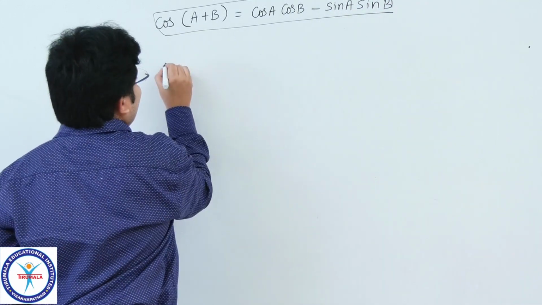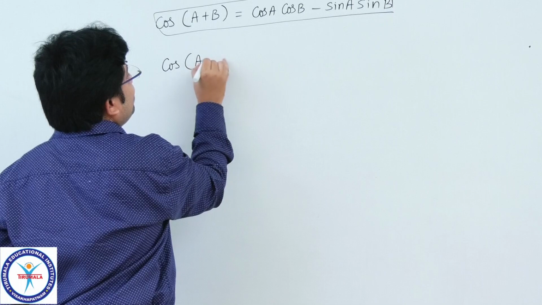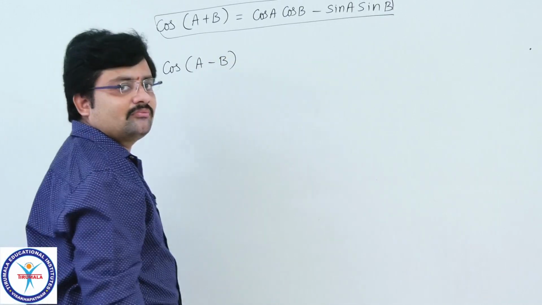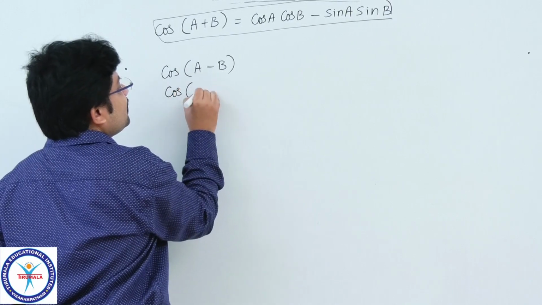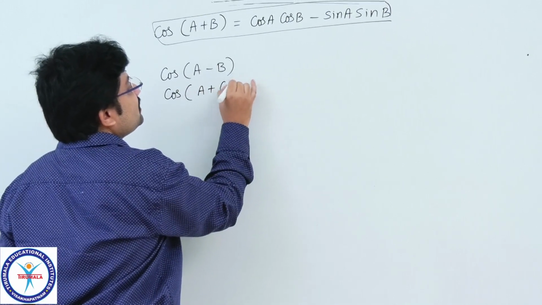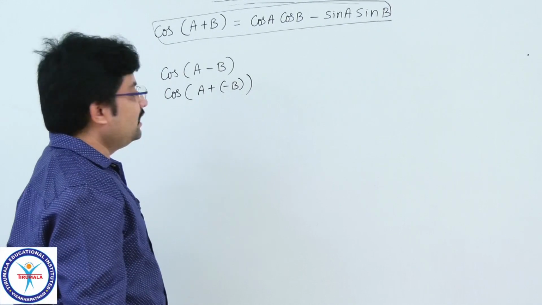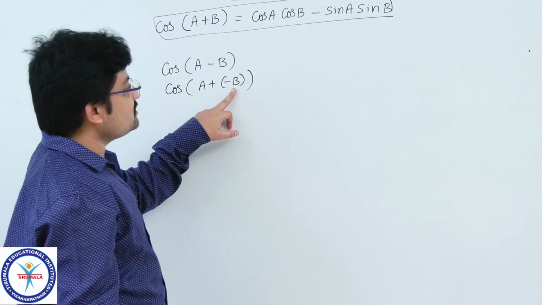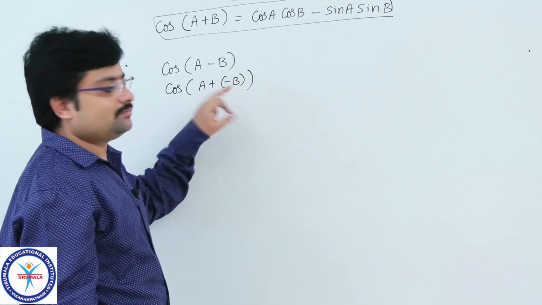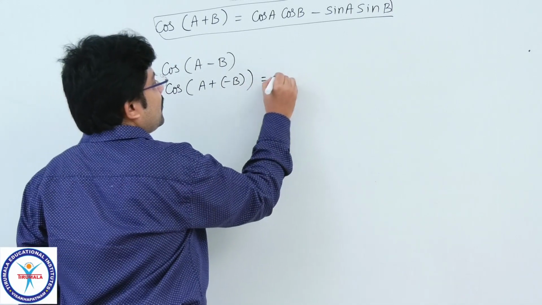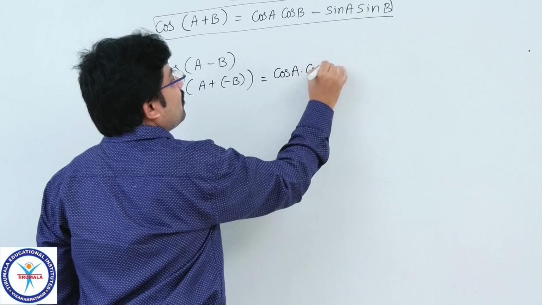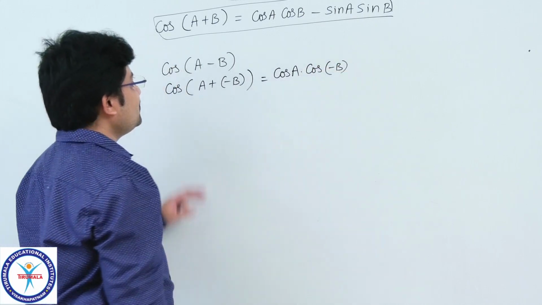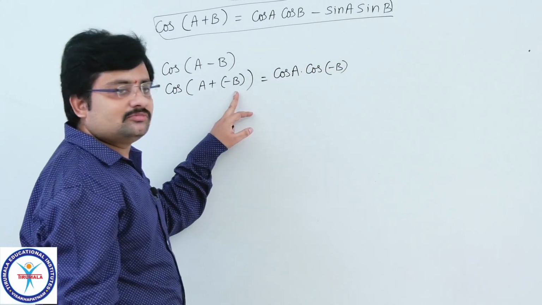Now let us derive the formula for cos(A-B). Cos(A-B) can be written as cos(A plus of minus B). That means in place of B substitute minus B here. See here it is in the form of cos(A+B), the formula you have written.